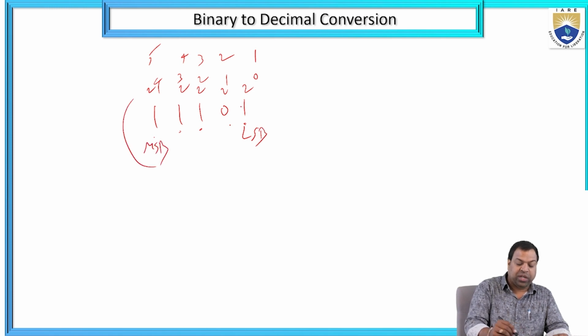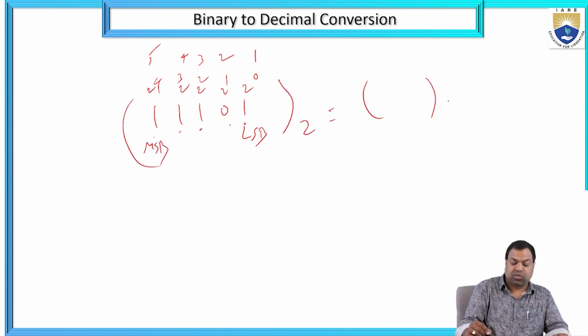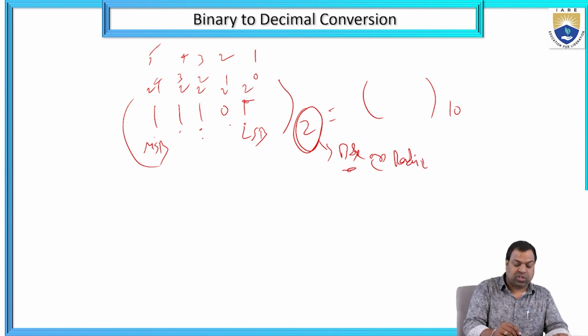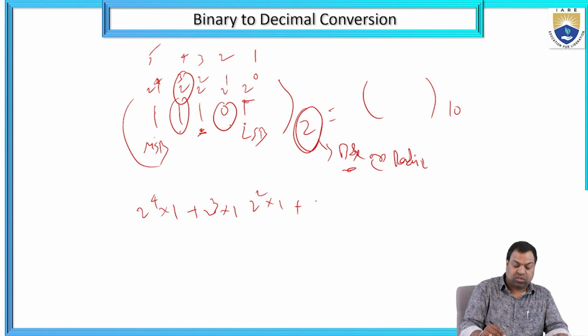It is a binary number converting to decimal. The base or radix we multiply with the value. So 2 power 4 into 1 plus 2 cube into 1, 2 square into 1 plus 2 power 1 into 0 plus 2 power 0 into 1.